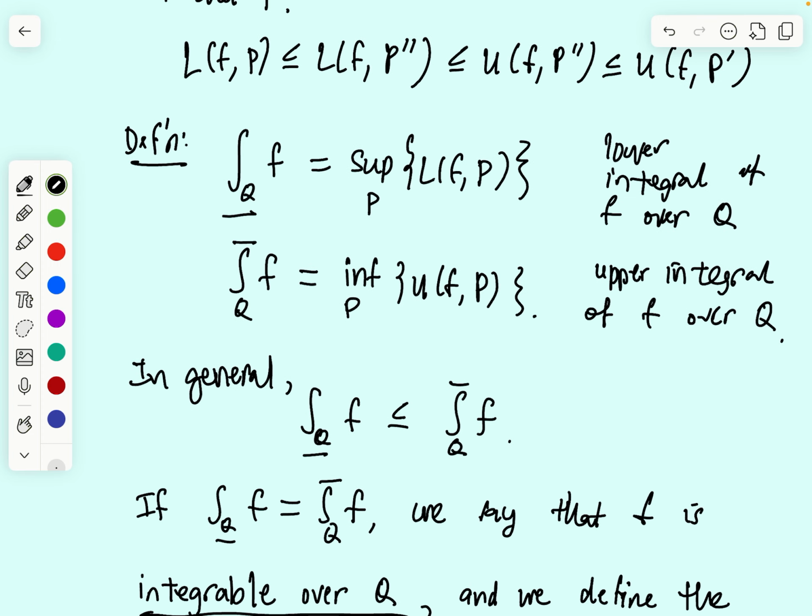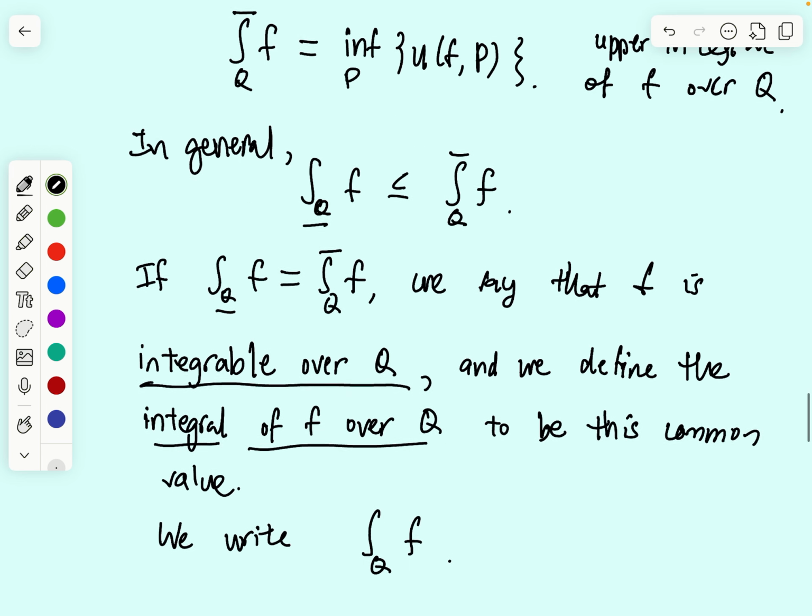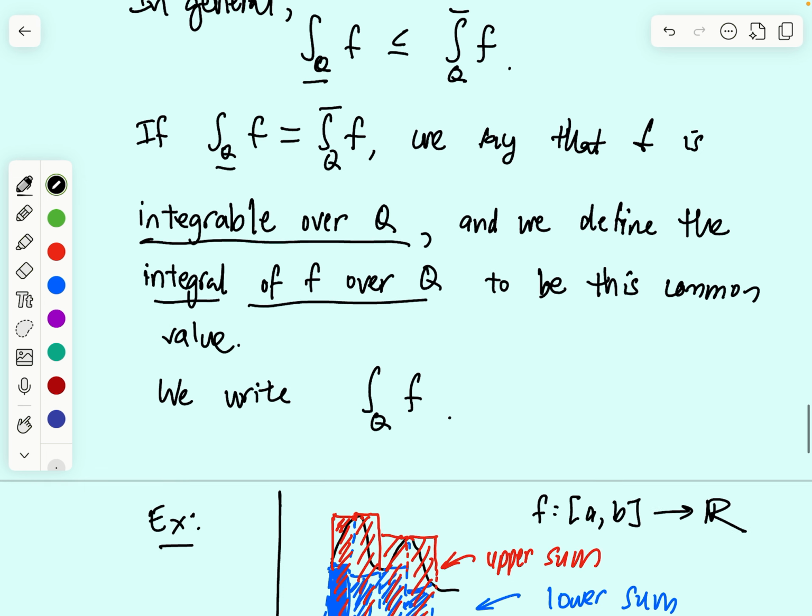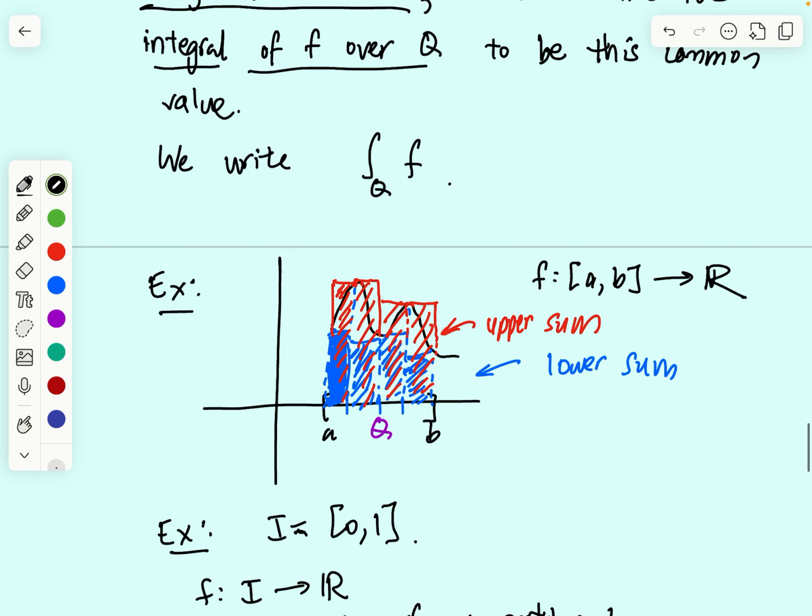Then we defined the lower and upper integrals to be the supremum and infimum of the lower sums and upper sums respectively. If these lower and upper integrals are the same, then we say that f is integrable over the rectangle, and that common value is called the Riemann integral of f over Q.